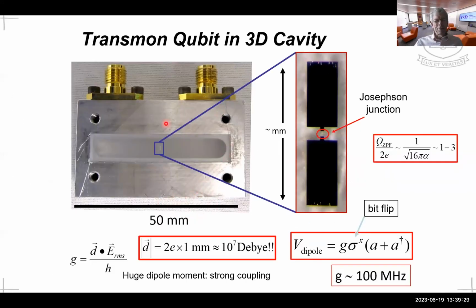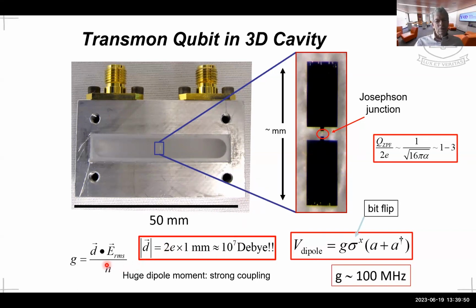Okay, so here's a picture of a 3D cavity, half of it with a sapphire, and on top of the sapphire, here's our millimeter-sized atom. It's lined up so that it couples to electric field modes polarized this way. And the transition dipole is gigantic.